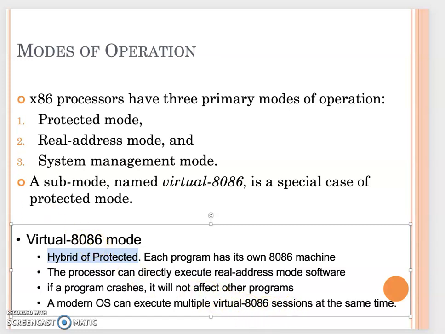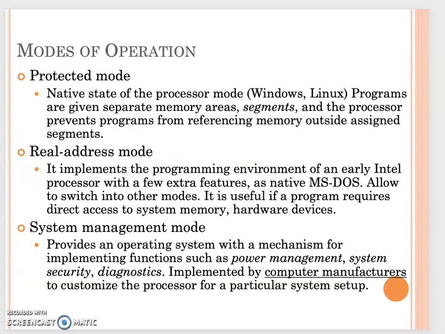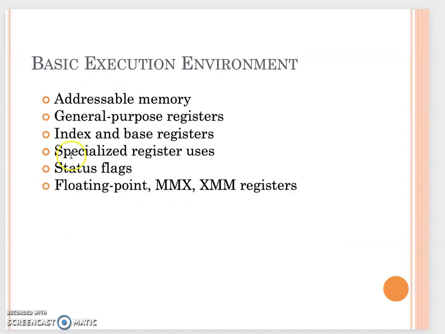The most important difference between these modes is that they allocate different memory space. Later we will see more. But in this video, we just need to know what kinds of operation modes we have from the x86. Later, when we talk more about the execution environment, we will reflect back on how memory is accessed from those different modes.